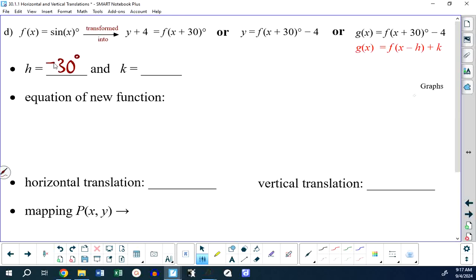I'm going to put the degree symbol there because in mathematics at this level, if you don't put a degree symbol, you mean a different unit called a radian, which we will learn about, but this is in degrees. And k is negative 4, right? If f of x is sine of x, I'll write it down again, although sooner or later you won't need to keep seeing this approach.